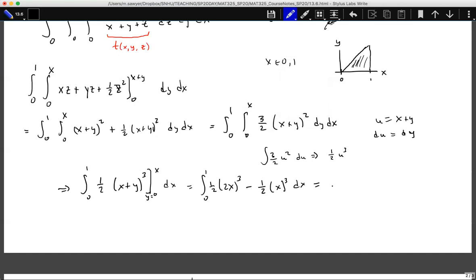And so then we have the integral of 4x cubed minus the integral of 1/2 x cubed dx. And this gives us 1 minus 1/8, which gives us 7/8 as our final answer.